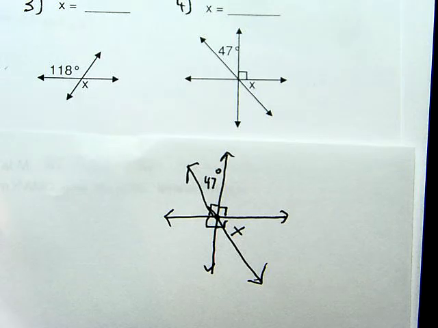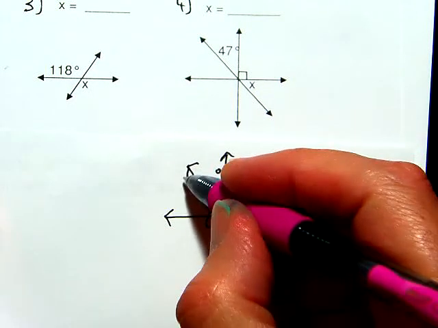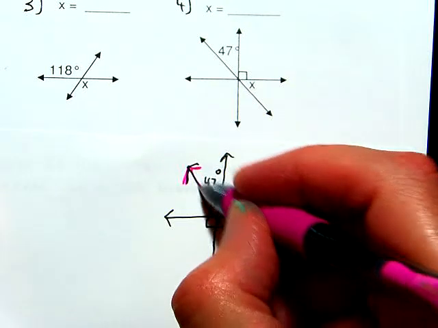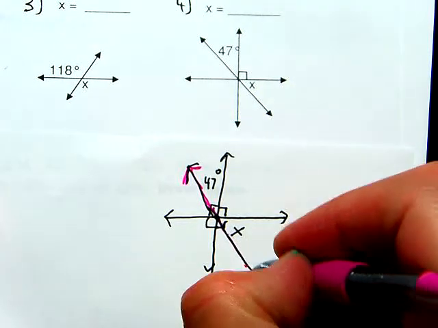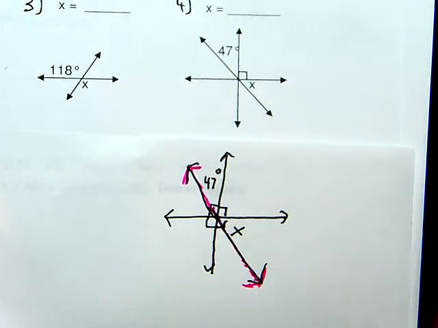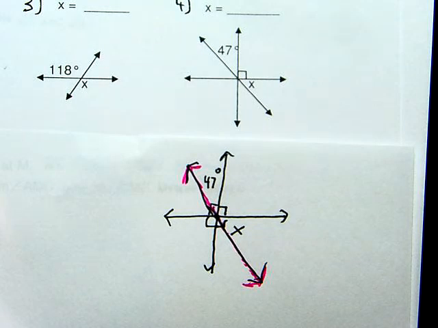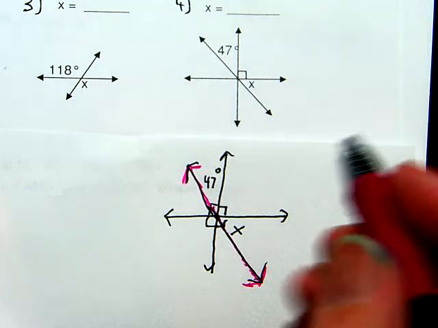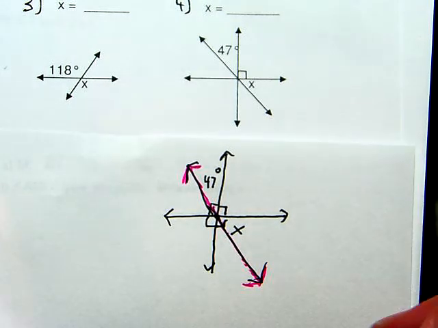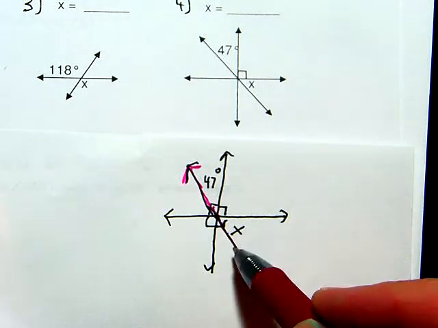This is definitely a more difficult problem, but I want to point out this. We still have a straight angle here. Okay, this is a straight angle because it is a line. And if you look real closely, you'll see that it is the sum of 3 angles if we look on this right side.